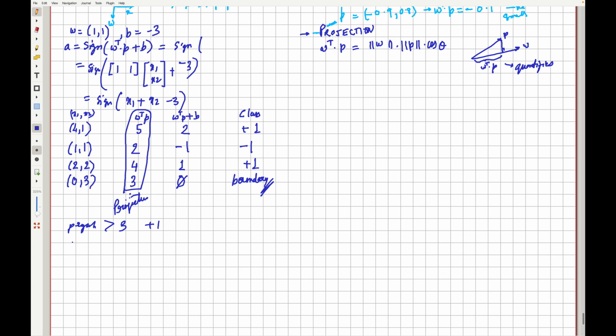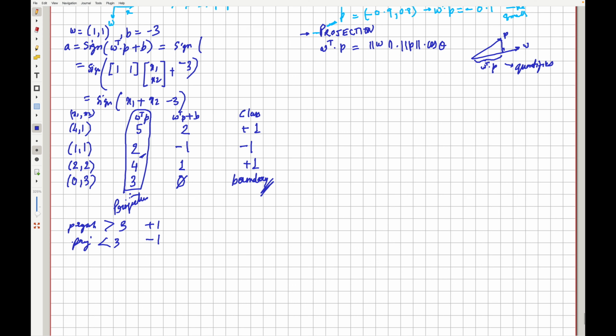If the projection is less than 3, as in this case where it was 2, then it went to the negative class. That's the intuition behind it, and if you plot this, you'll get a clear idea of how it works.